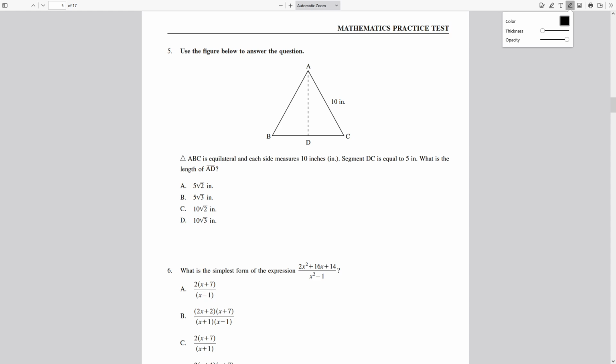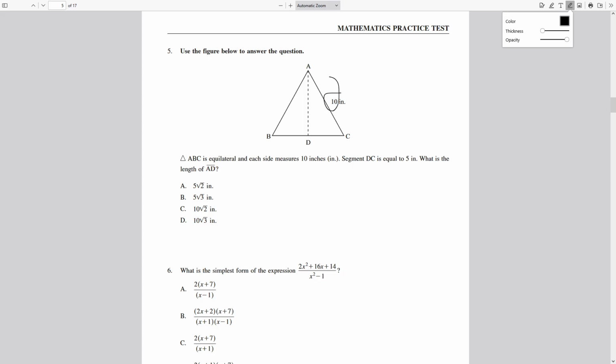Oh my! Okay, alright, so the length of A to D is basically, we have a right triangle. We can use the Pythagorean theorem here. So A squared plus B squared equals C squared, which is the hypotenuse, which is 10.